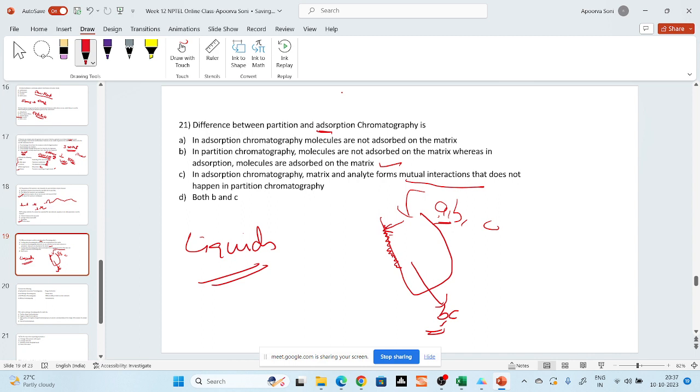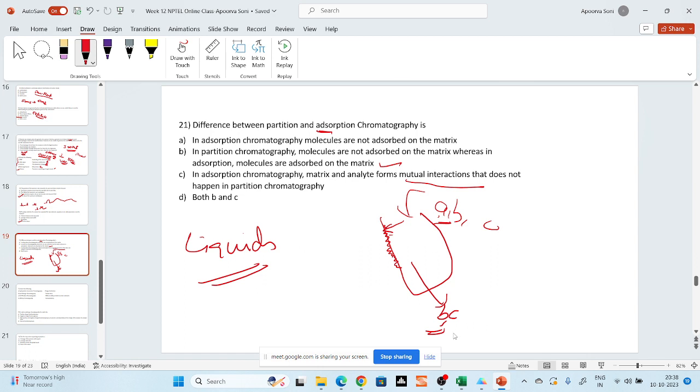In partition chromatography there is no interaction; depending upon the nature of the analyte, it just gets partitioned between the two liquids. So you have to remember that liquid chromatography is a kind of partition chromatography, whereas ion exchange chromatography is a kind of adsorption chromatography.